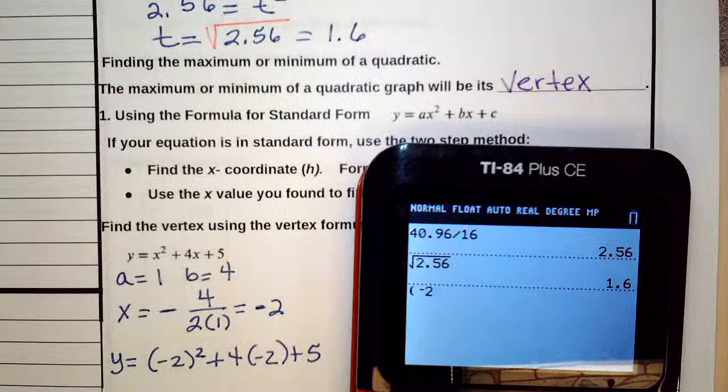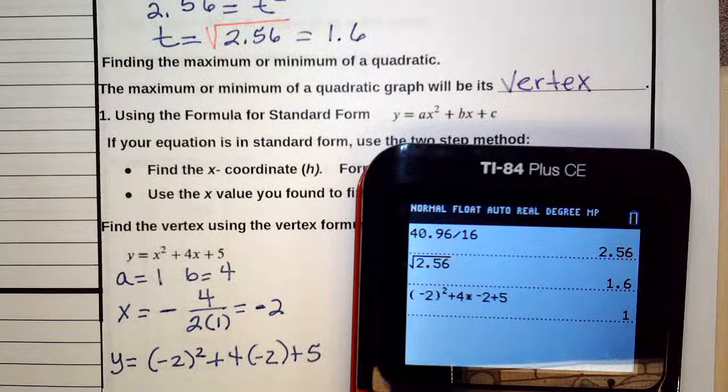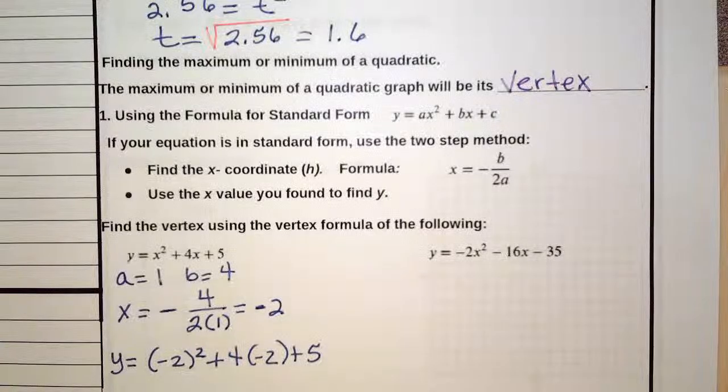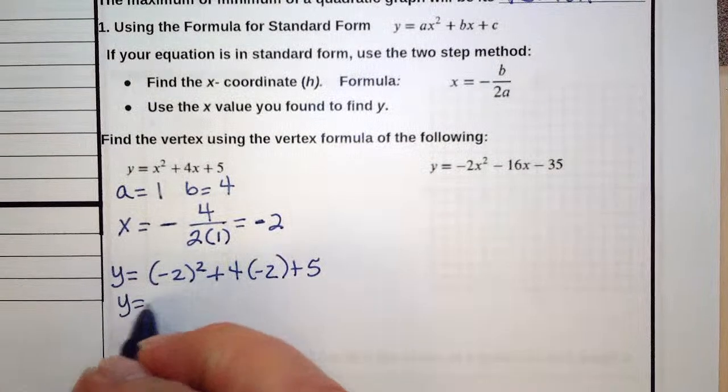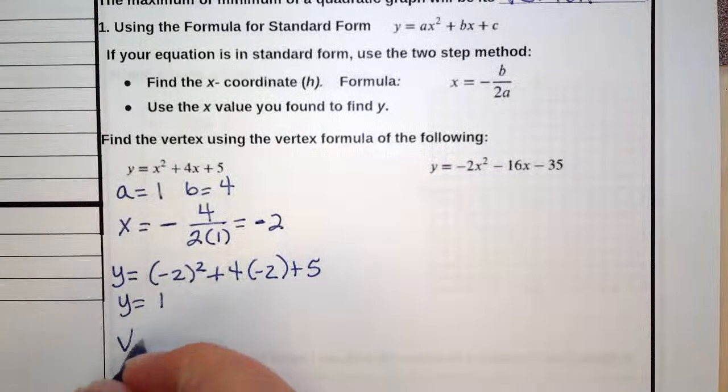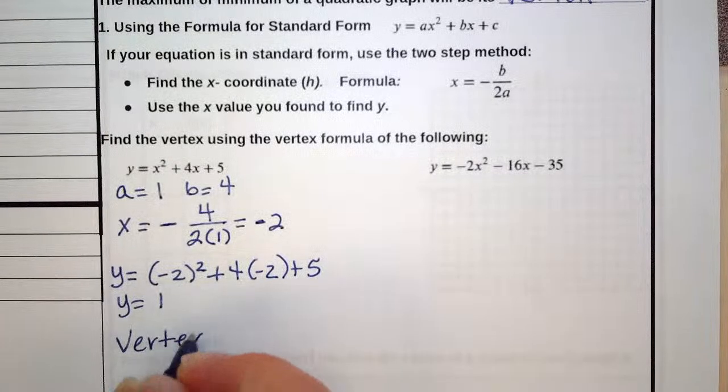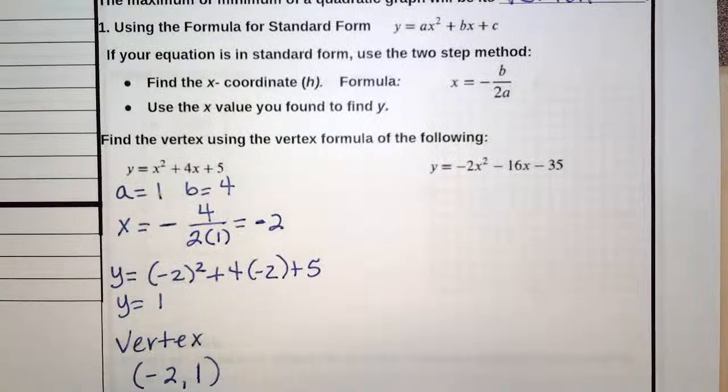Parentheses, negative 2, close parentheses and square it, plus 4 times negative 2 plus 5, and I get 1. y is equal to 1. So my vertex will be the point negative 2, comma 1.